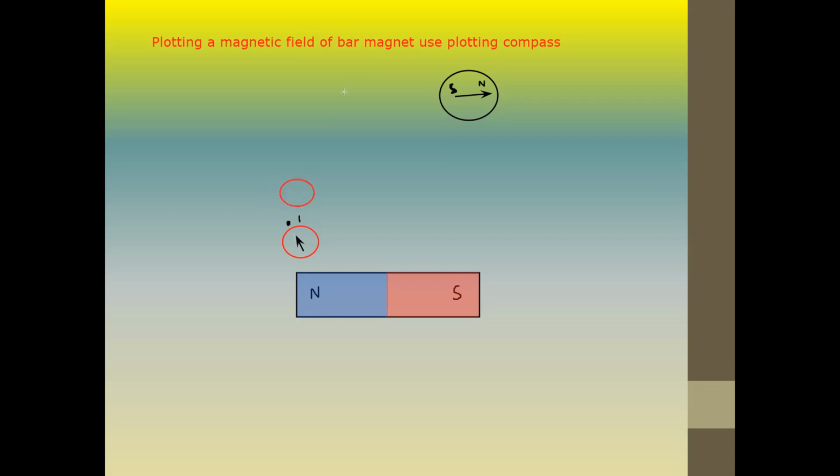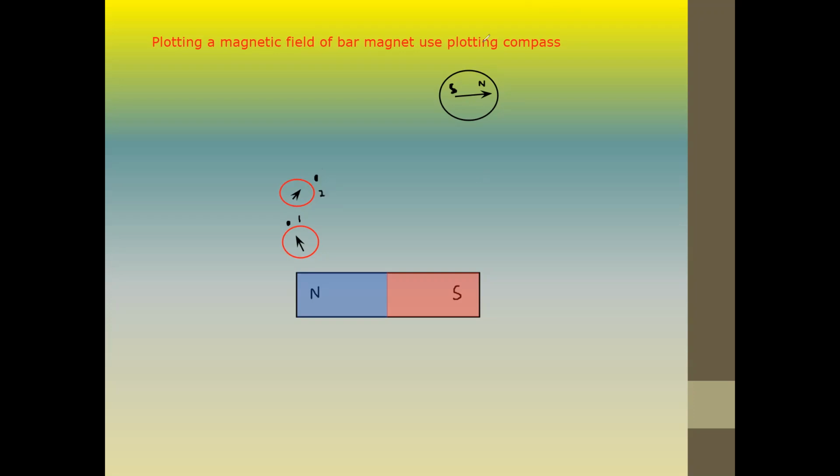You will move the plotting compass, or use another compass, until the tip is pointing towards the last point which you marked. You can see the tip is pointing towards that point. So I will mark another point, and that is 2.